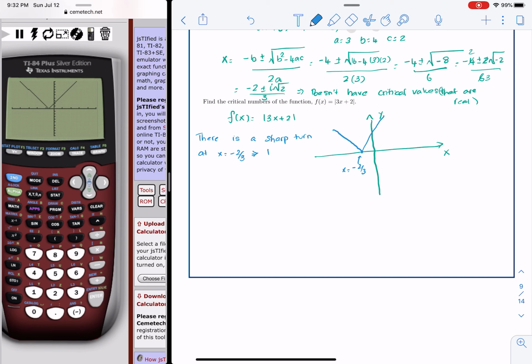This would imply that the derivative doesn't exist at x equal to -2/3. Keep in mind, if the derivative doesn't exist, then we could have a critical value at that point. So x equal to -2/3 is a critical value.